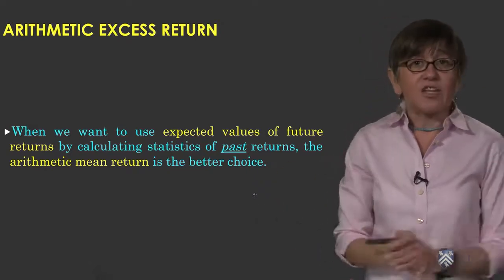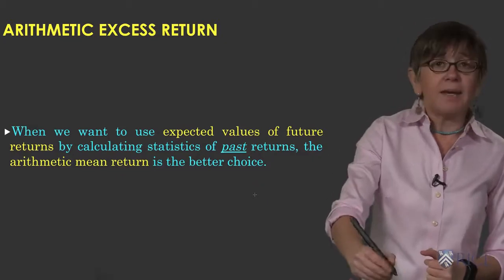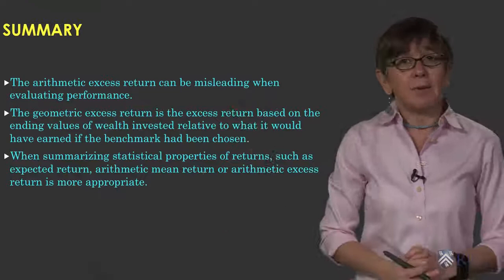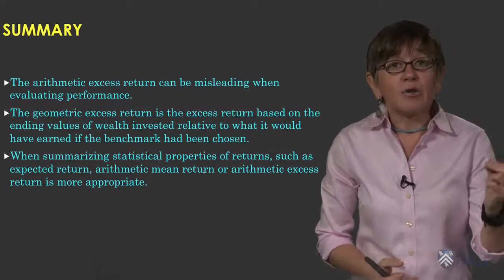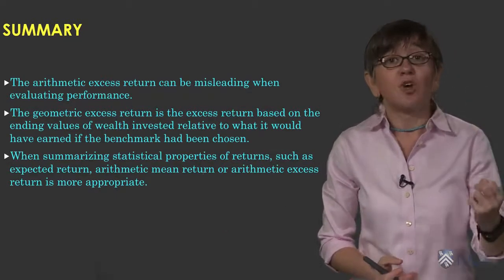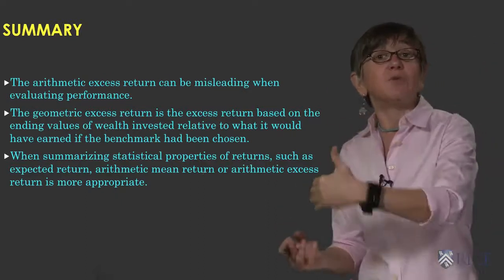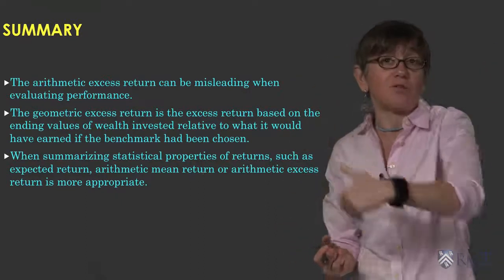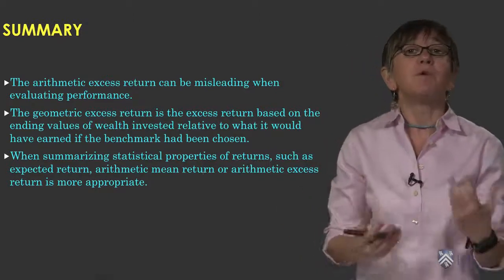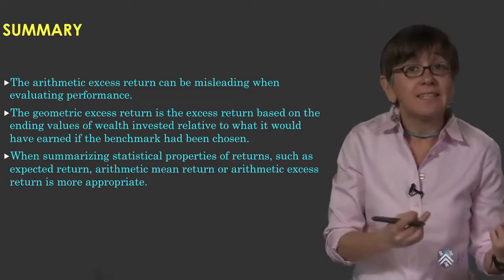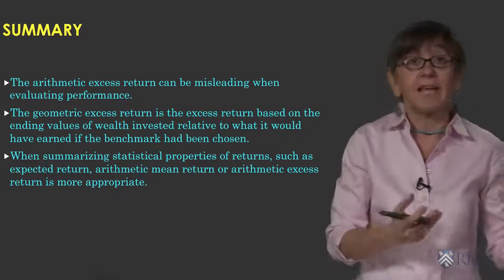So in the last 2 lectures, you learned that the arithmetic excess return can be misleading when evaluating performance. More accurately, we need a measure of the excess return that compares the ending values of the portfolio relative to what you would have earned with the benchmark portfolio. This is why we prefer the compound excess return to the geometric mean difference or the arithmetic excess return.